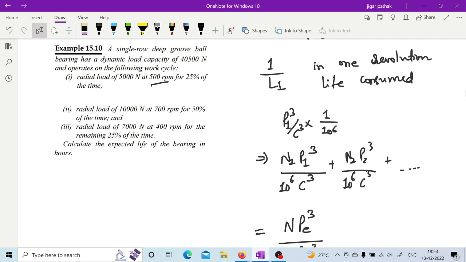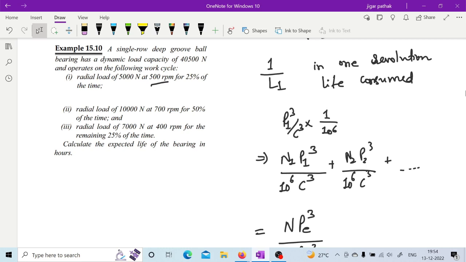So in that case we need to calculate that equivalent load, right? Because you are given that this 40,500 is the dynamic load capacity, that is C, and you are provided with different RPMs for different loads.